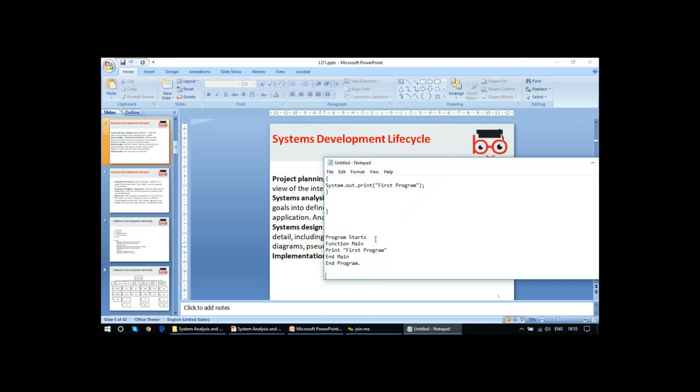Do you get something from here? Yeah. So that's called pseudocode. Pseudocode is a kind of program. You exactly define the logic of the program, irrespective of any programming language.